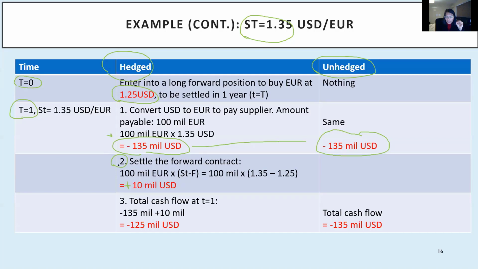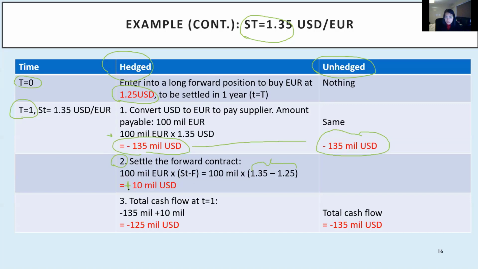So in the second position with the forward contract, because the spot rate is higher than the forward rate, I'm going to receive money from my partner, from my counterparty. So under the forward contract, I'm going to receive 100 million euro times the difference between the spot and the forward rate.